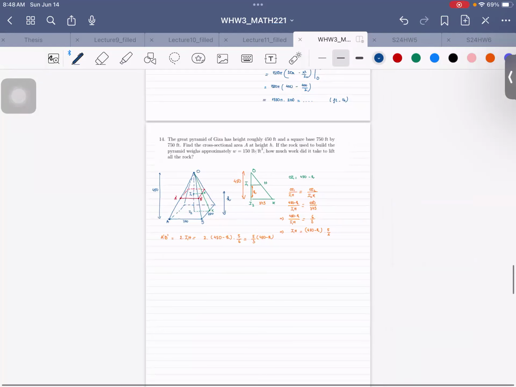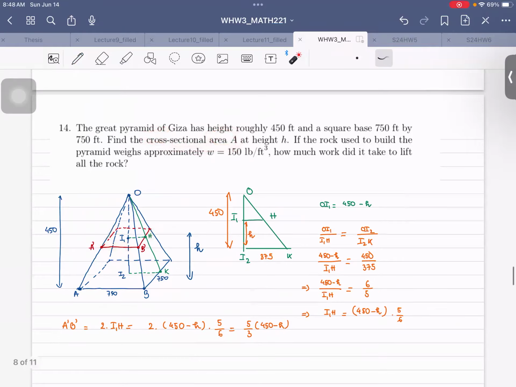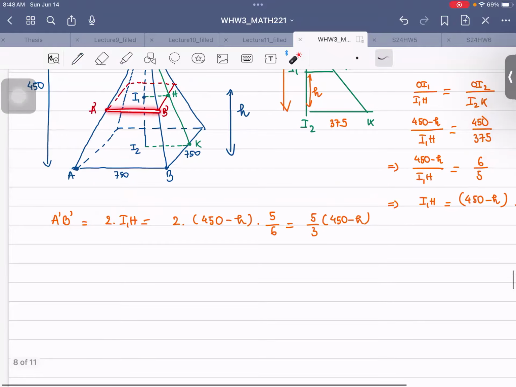And because you want to find the area of the red square over here, the square at the height H, and you know the side of that square, you just need to square it to get the area of the red square.